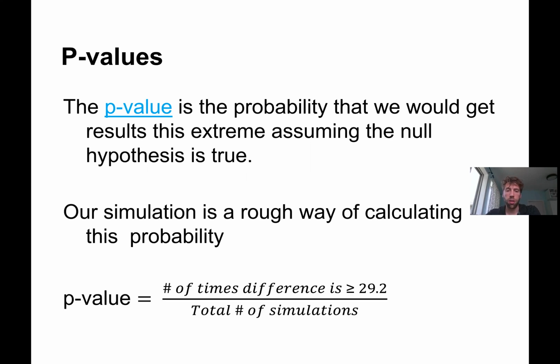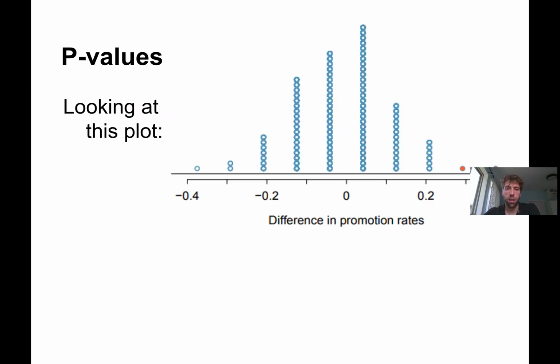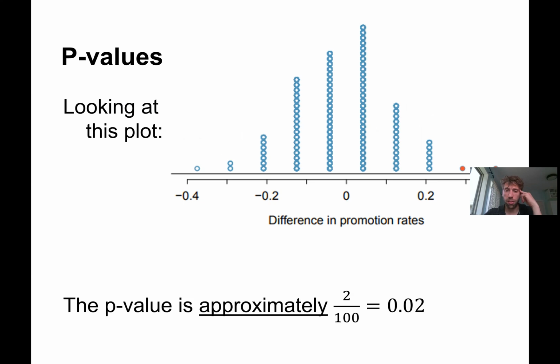So it's the number of times the difference is greater than 29.2 divided by the total number of simulations. That's how we do it with simulations. There are some more mathematical ways we'll learn later. Looking at the plot, we can count the right or count both sides. If you only look at the right, the p-value is 0.02, although theirs is 100 simulations, not 200.